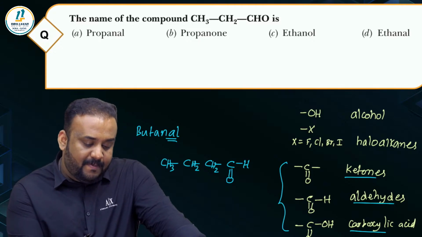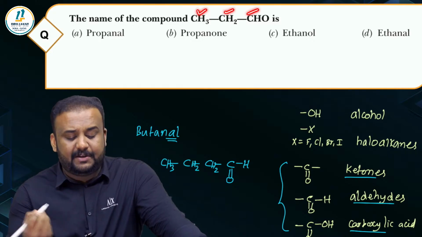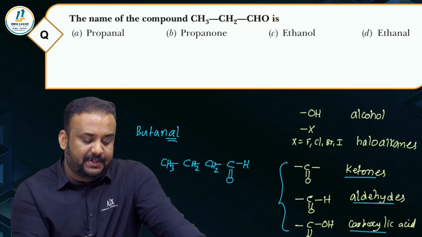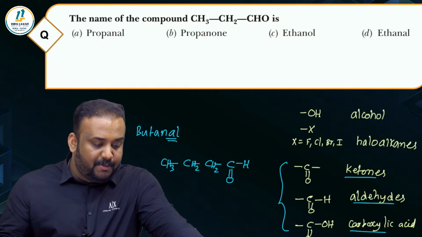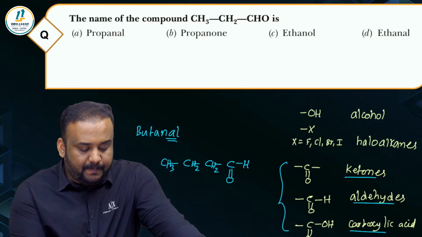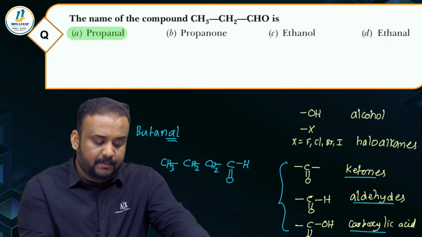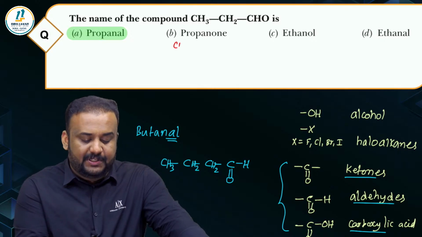So now in this question, CH3CH2CHO, it is very easy. You have 3 carbon atoms in total, and there is an aldehyde group. So what is the name of this compound? This compound is, come on, yes, propanal. Excellent. And you know the structures of the other compounds.